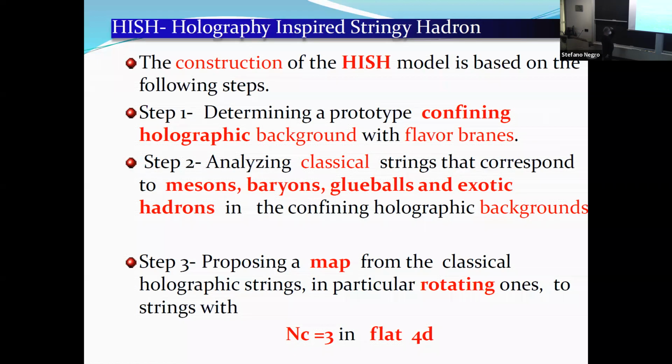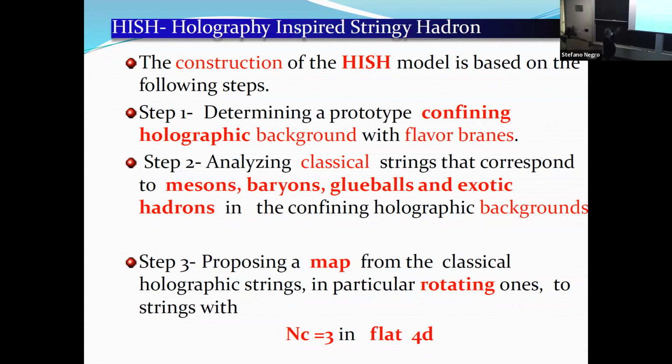So I'll discuss it very briefly, and once we have such a prototype model, we can try and analyze, and that's step 2, analyzing classical stringy solutions to the equations of motion. And these strings will correspond, some of them to mesons, some to baryons, glueballs, and so on.